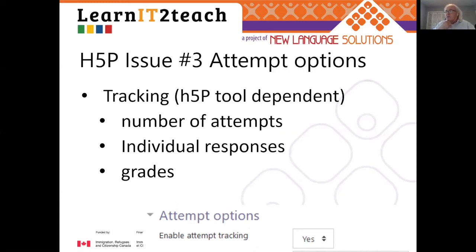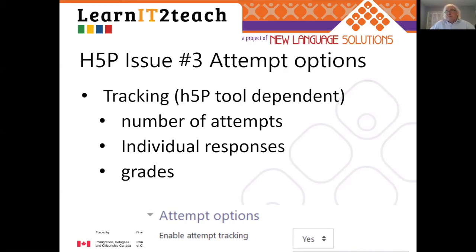The third issue is attempt options. When your learners are finished activities and you want to know, especially if we're teaching online, how they really did, with the new version of H5P you have a tracking ability. So you can now know the number of attempts, their individual responses to different parts of the H5P, and it will report back grades in different ways rather than before.